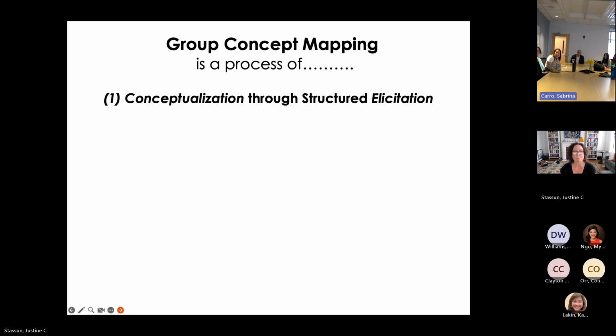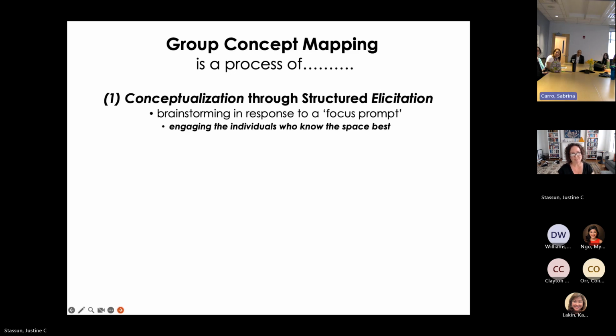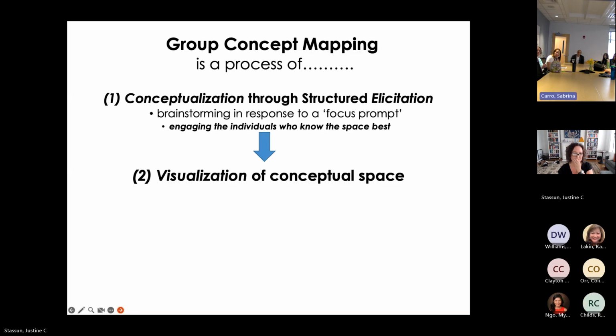Structured elicitation means nothing more than brainstorming, I think, in response to a specific prompt, engaging the individuals who know that space best. And that is the key thing. Rather than just a bunch of experts getting to decide what constitutes patient experience or what constitutes health-related quality of life.